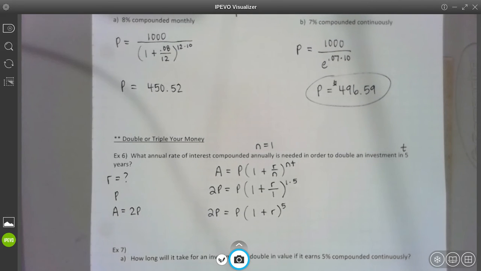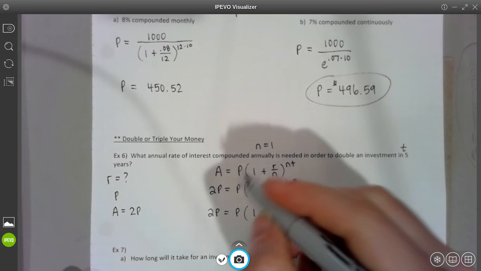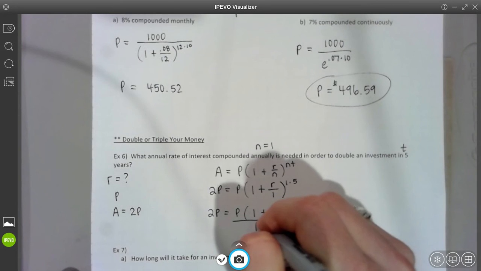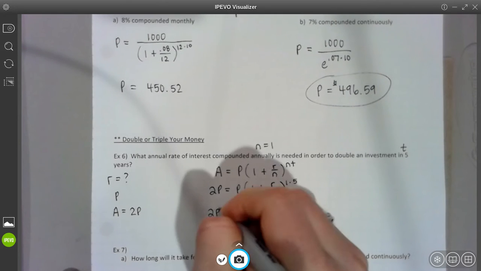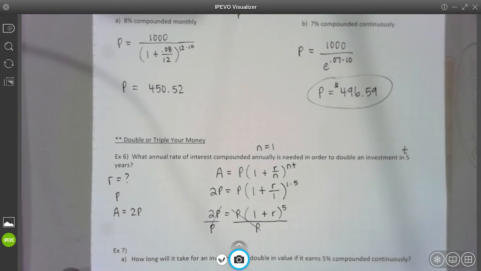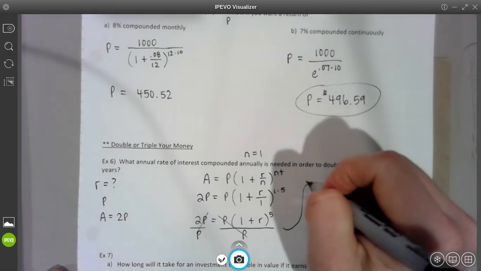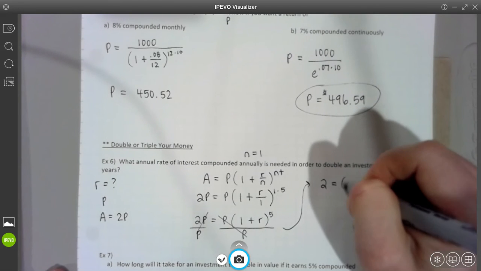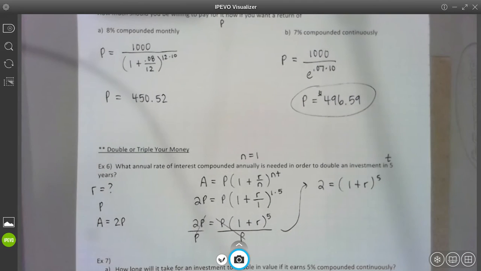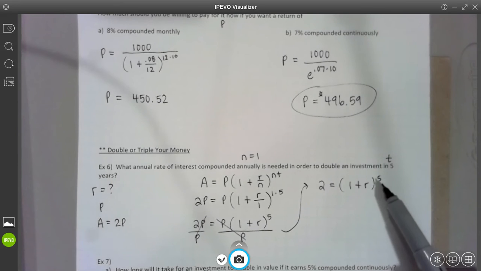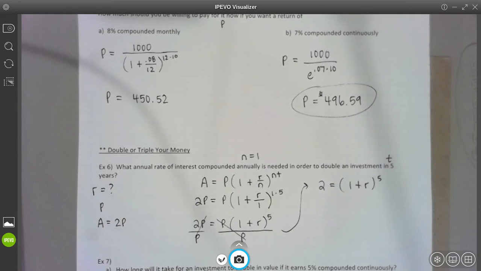So guys, the first thing I'm going to do is divide both sides by P. Because again, I'm trying to get to r anyway, so I'd have to divide by P, the P's end up dividing out. And you end up with 2 equals (1 plus r) to the power of 5. Well, guys, think about this. r is stuck inside the parentheses, right? If this had been (1 plus r) squared, how would we have gotten rid of that square?